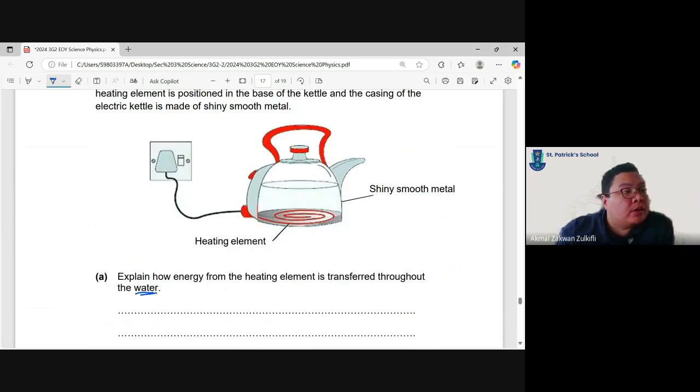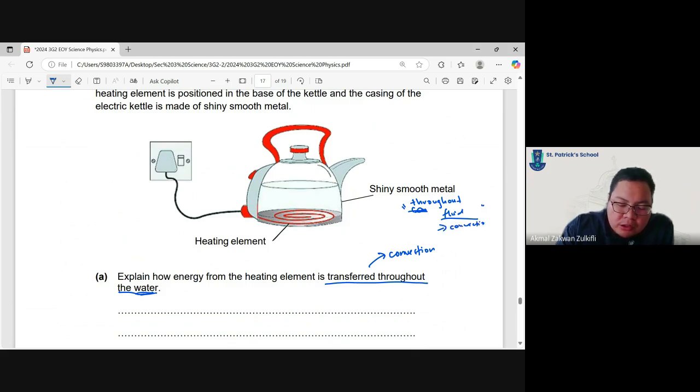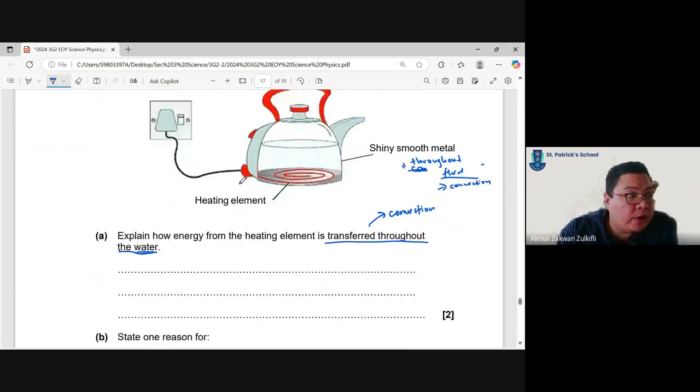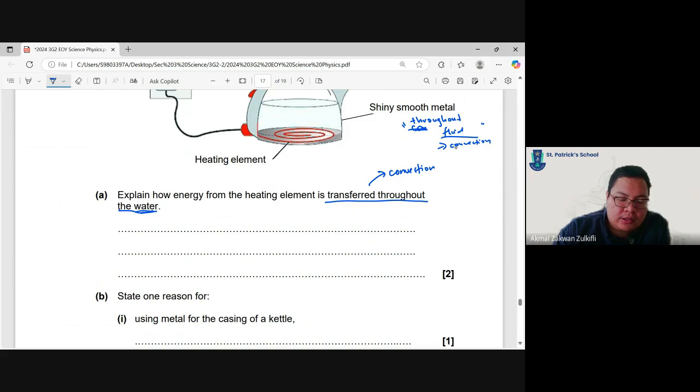Every time you see transferred throughout the liquid, or throughout a fluid, we know we're going to talk about convection. If it says passes through or transfers throughout a solid, then we talk about conduction. So we have to explain how convection works. We need to talk about density. Every time you have convection, there are a few things we need to explain. First, you must explain the energy.